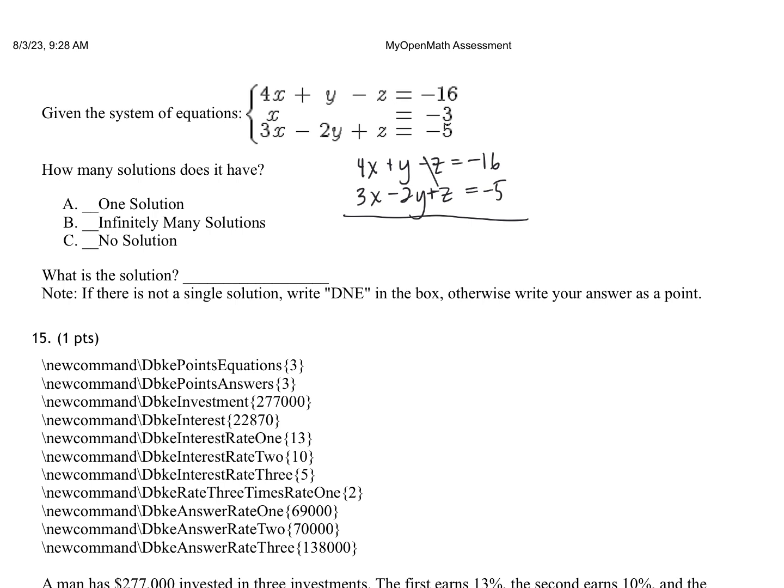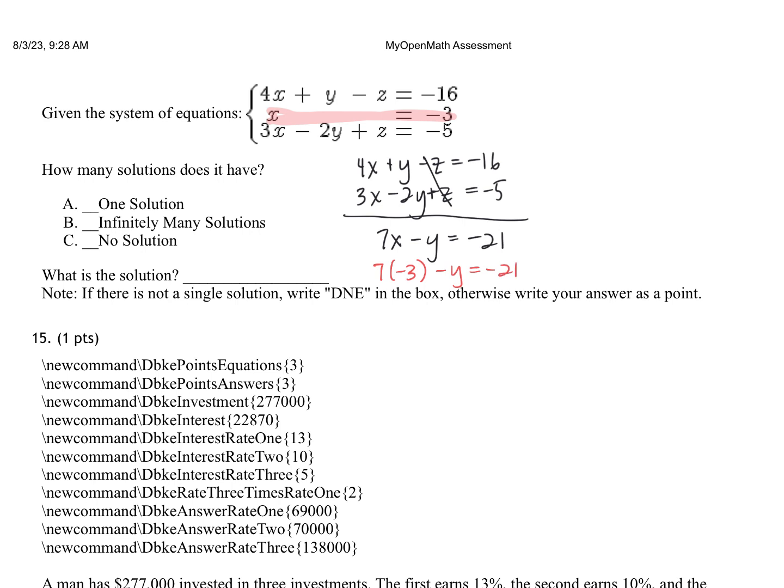If I add them together, the z's eliminate, and I get 7x minus y is equal to -21. And now I know what x is because of the second equation. It tells me x is -3. So I could just plug that in for x and solve for y.